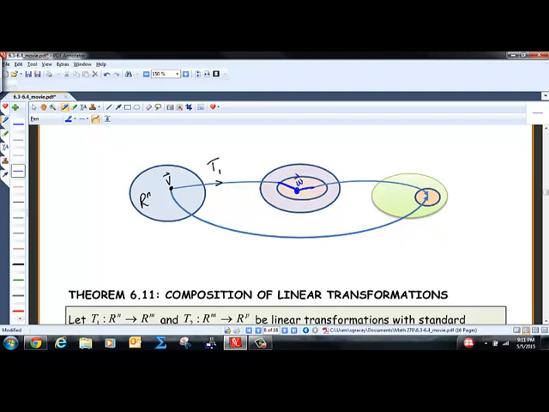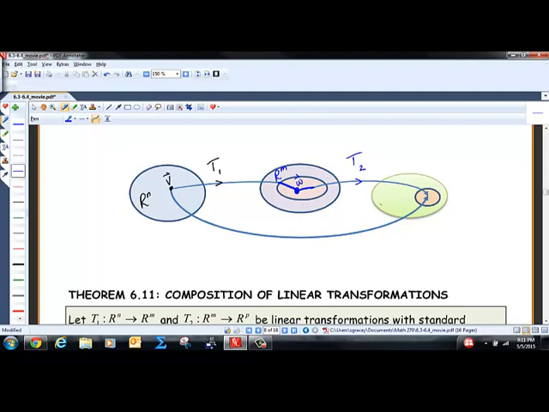Now, the vector w is being transformed as well. Call it linear transformation 2. And it's transforming to some, oh, and by the way, what space would vector w be in? Vector w would be in Rm.